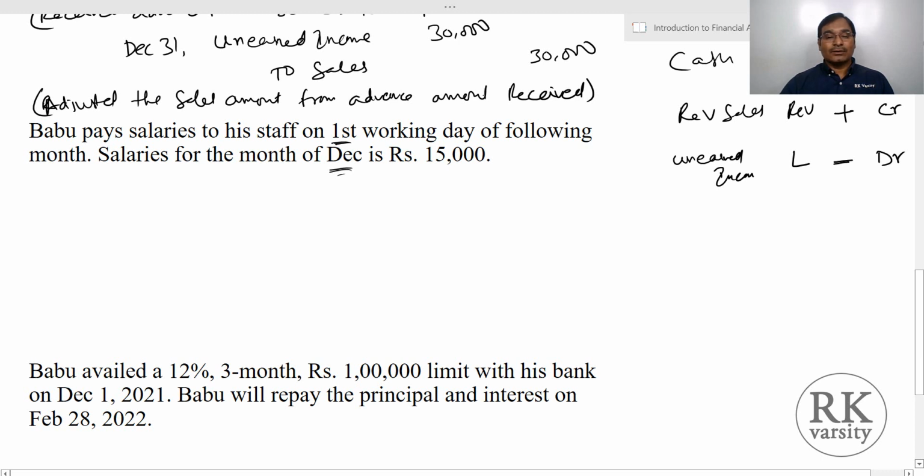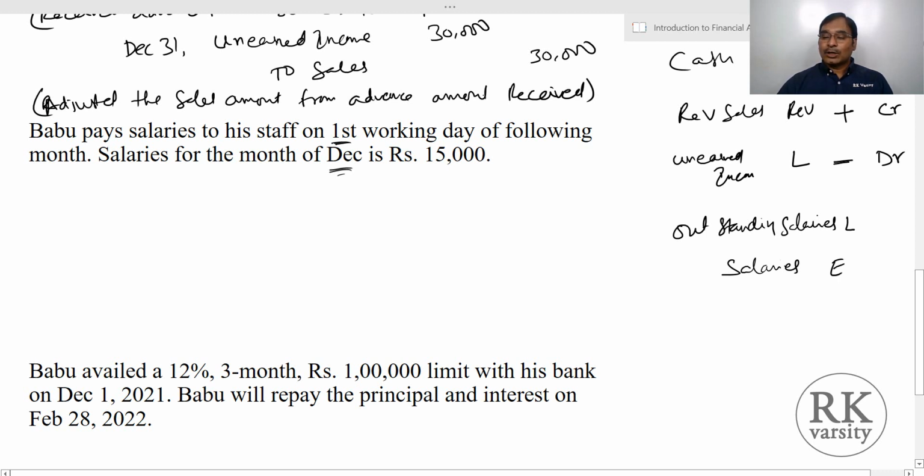So we have to write an entry. One is your outstanding salaries, and next one is your salaries. Outstanding salaries is a liability, salaries is an expenditure.